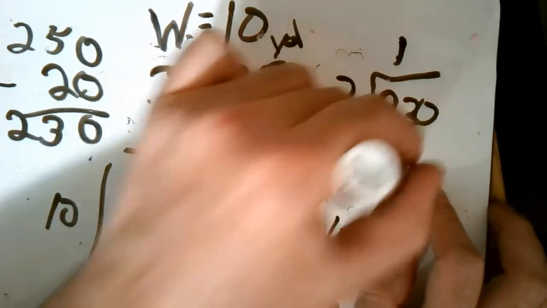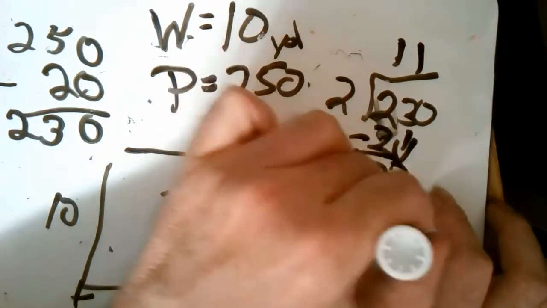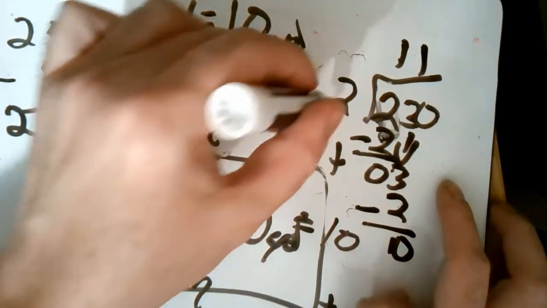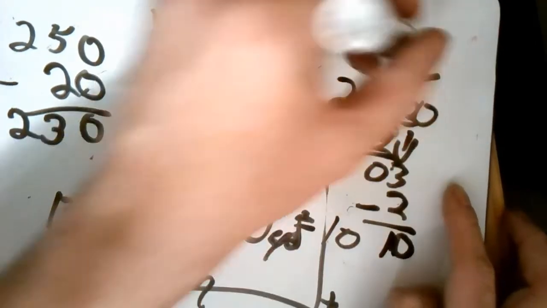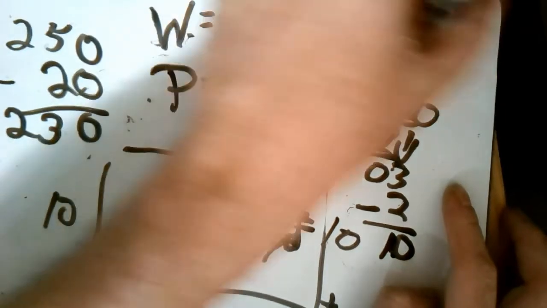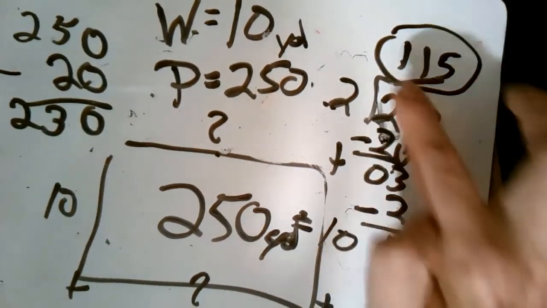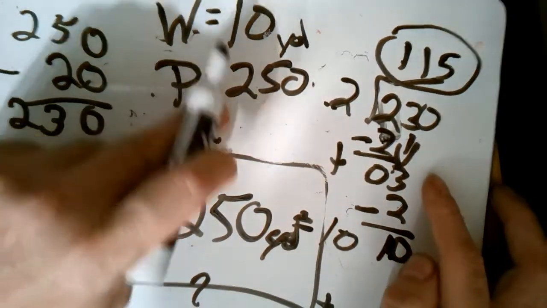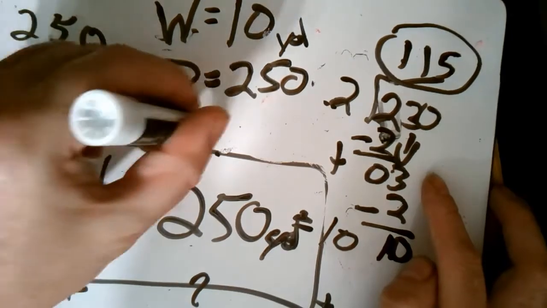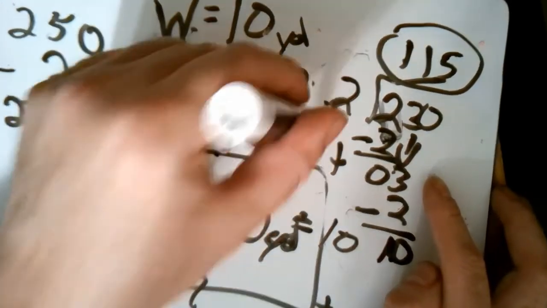Subtract, bring the next number down. 3. 2 goes into 3 one time. 1 times 2, we do the same thing. Subtract, I get 10. 2 into 10 is 5. And that kind of makes sense, because half of 200 would be 100. Half of 30 is 15. So I know that my length would be 115 yards.